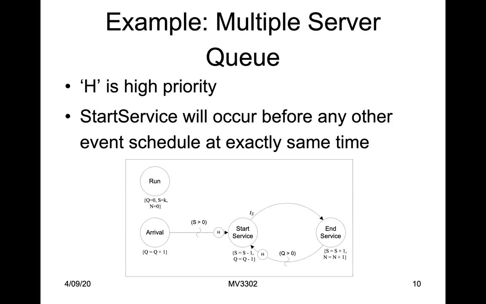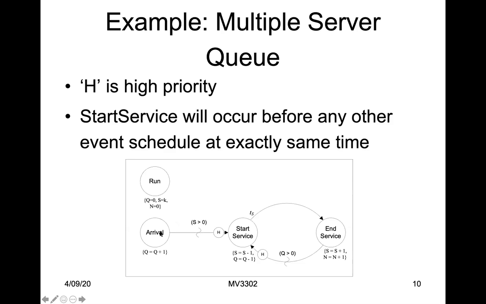So for our multiple server queue, to be a little bulletproof on that, the idea is that the start service event needs to have a higher priority than other events. Now, normally this isn't an issue. For example, when the arrival event occurs, it will schedule a start service event with zero delay, providing there's an available server.